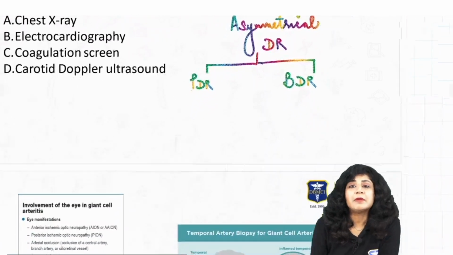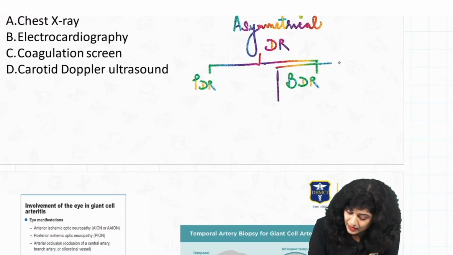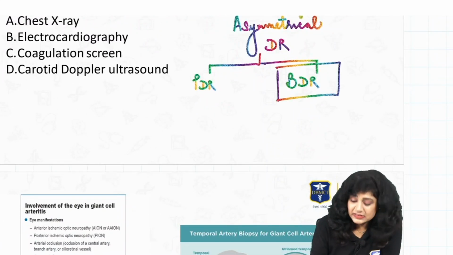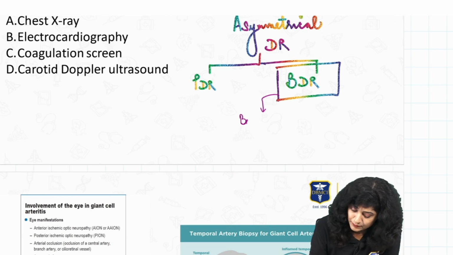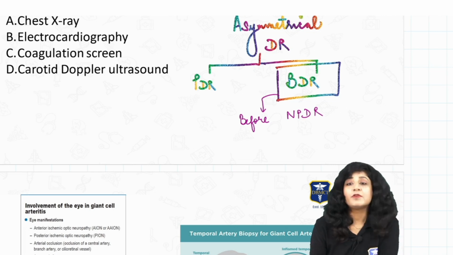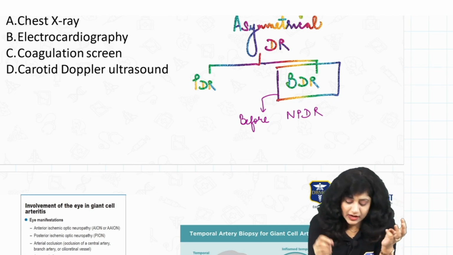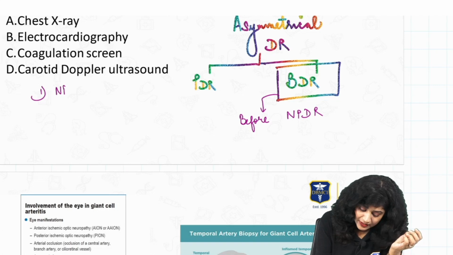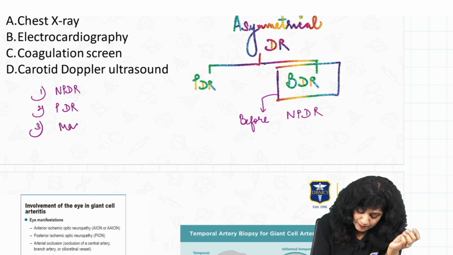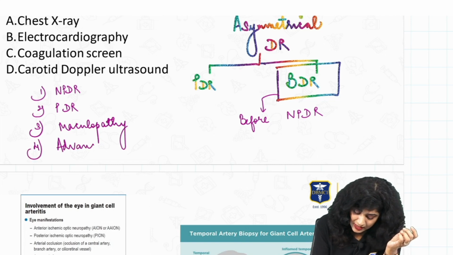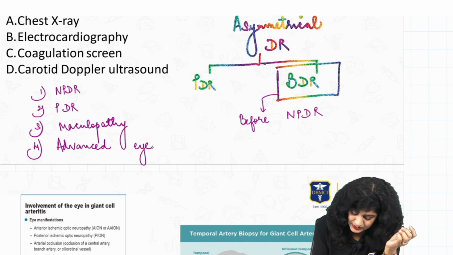Now first of all let me tell you what this background diabetic retinopathy is. This is something which takes place even before the non-proliferative diabetic retinopathy. We all know that there are 4 stages of diabetic retinopathy. First we have NPDR, then we have the PDR, right? Then we have the maculopathy, and finally we have the advanced diabetic eye disease, right?